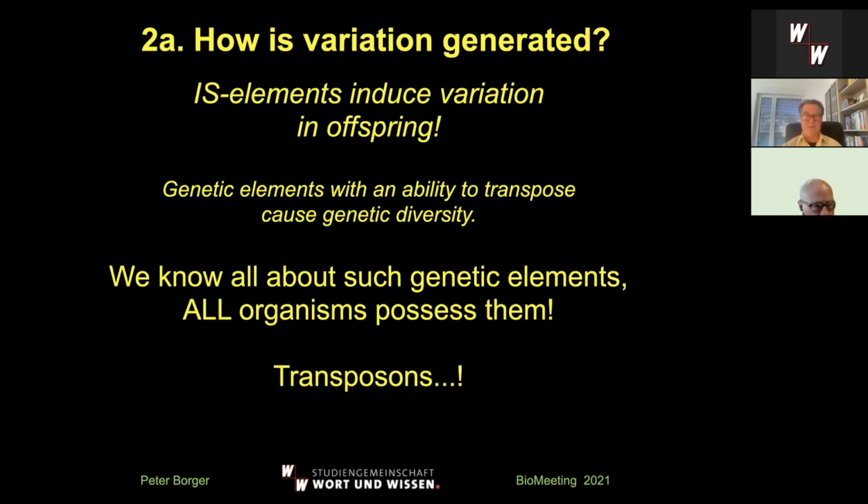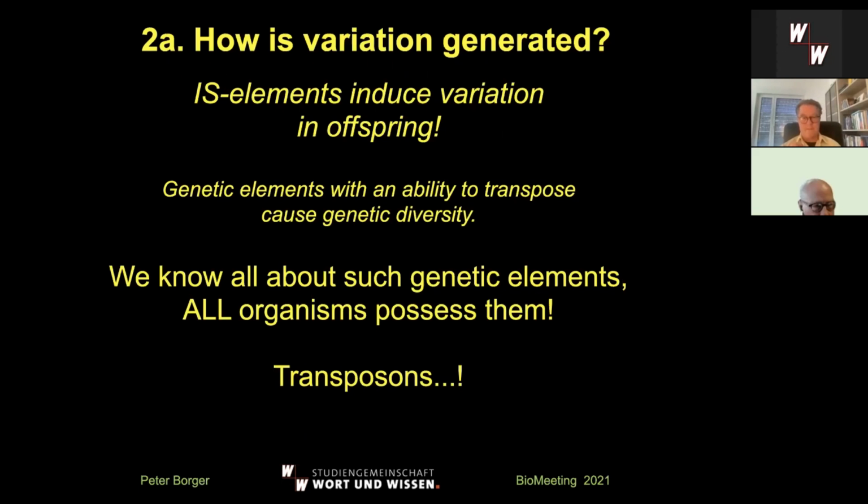And the fact is, what are these elements doing? They induce variation in offspring. It is a sort of search program to search for novel genetic contacts. These genetic elements have the ability to translocate, to transpose, and cause genetic diversity in bacteria. And the interesting part is that we all know about such genetic elements, at least if you are in genetics like me and other geneticists, we all knew about these elements.